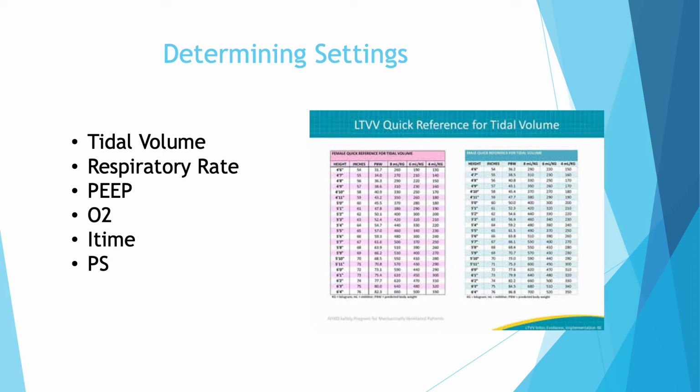Normal PEEPs for a patient often are determined by the facility that you work at. It's kind of an unspoken rule. Some hospitals have policies that manage PEEP values. Normal, walking around, you and I have a PEEP of 5.